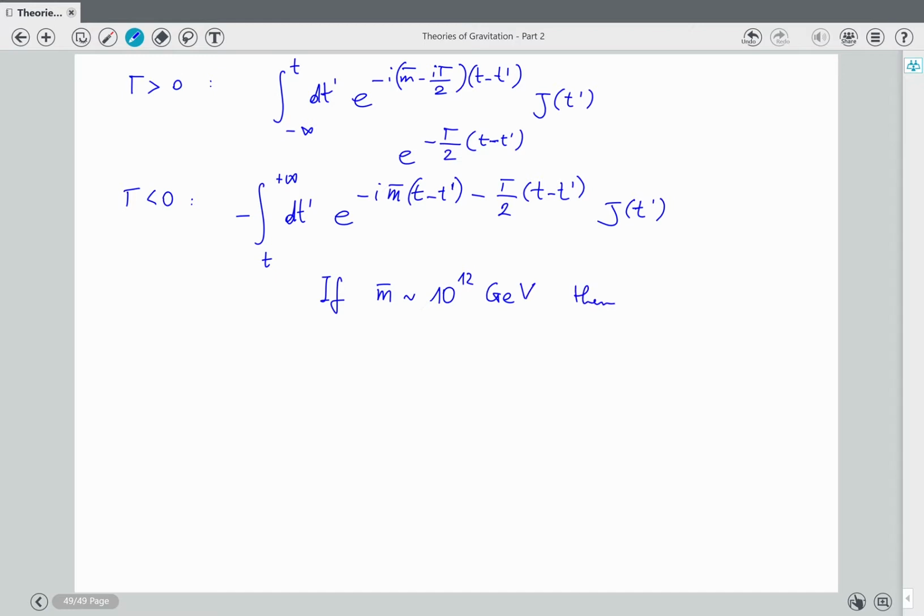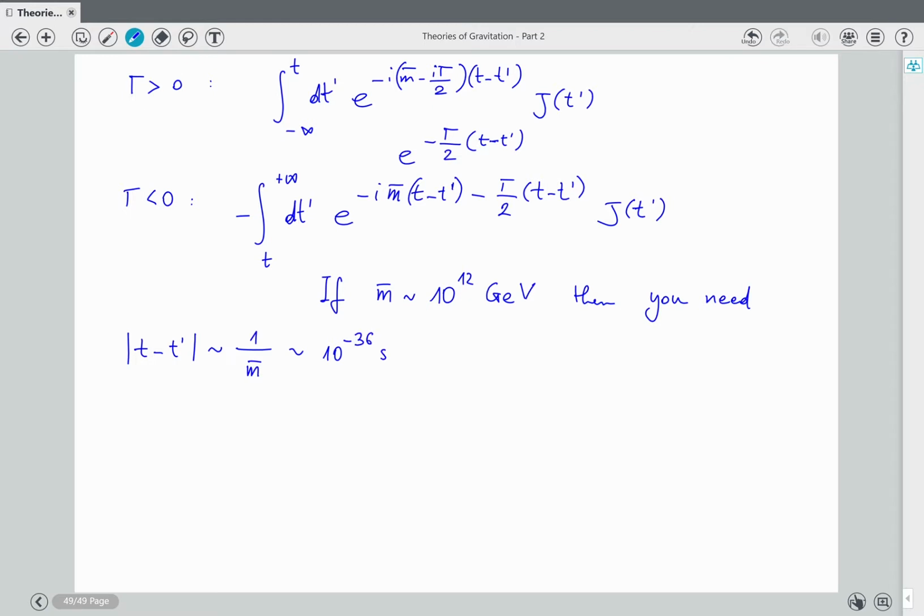Then the effect of the future on the present is restricted to this kind of time interval, which is 1 over m bar, and that is equal to 10 to the minus 36 seconds.